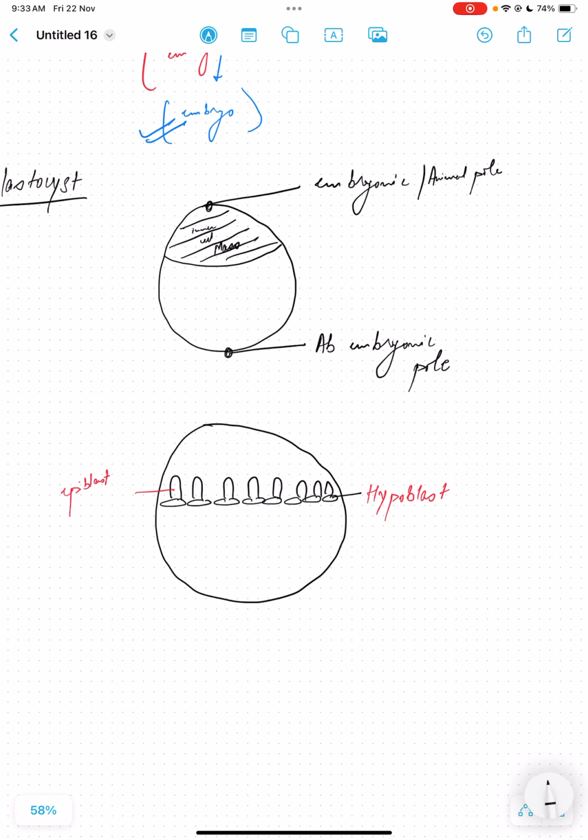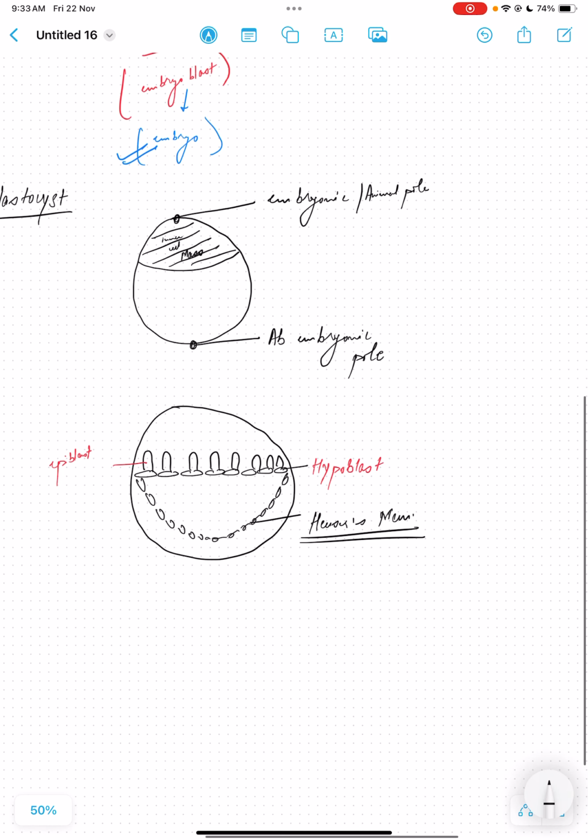From the flat cells of the hypoblast downwards, a membrane is formed. This membrane is called Heuser's membrane. Basically it is a downward proliferation of hypoblast leading to the formation of a sac.